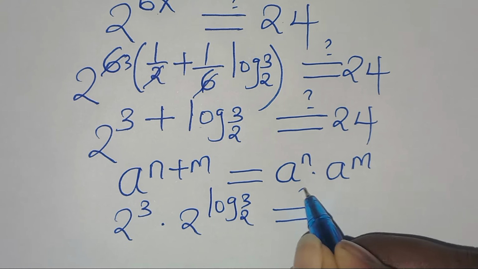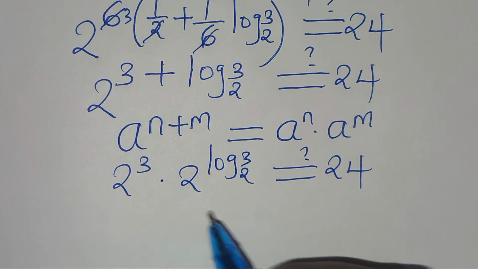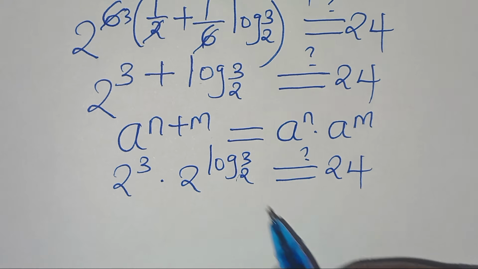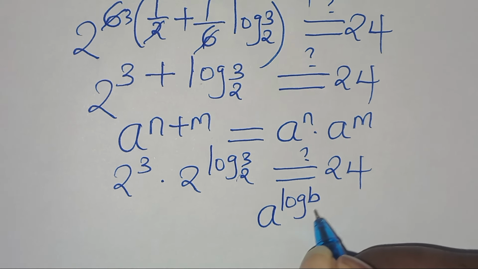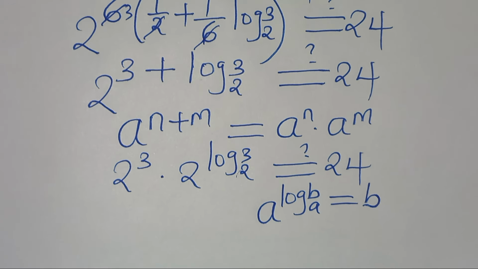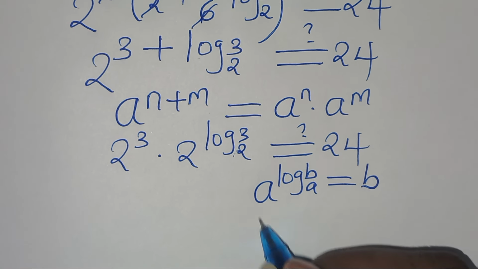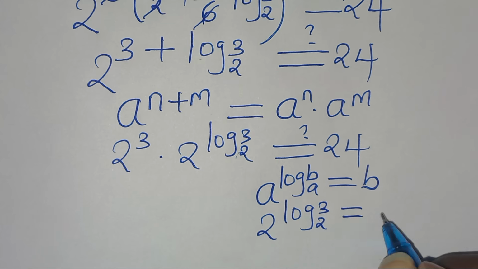This is supposed to give us a value of 24. Now, 2 to the power of log 3 to base 2. This is in the form of a to the power of log b to base a. This is supposed to give us a value of b. And this implies that 2 to the power of log 3 to base 2 is equal to 3.